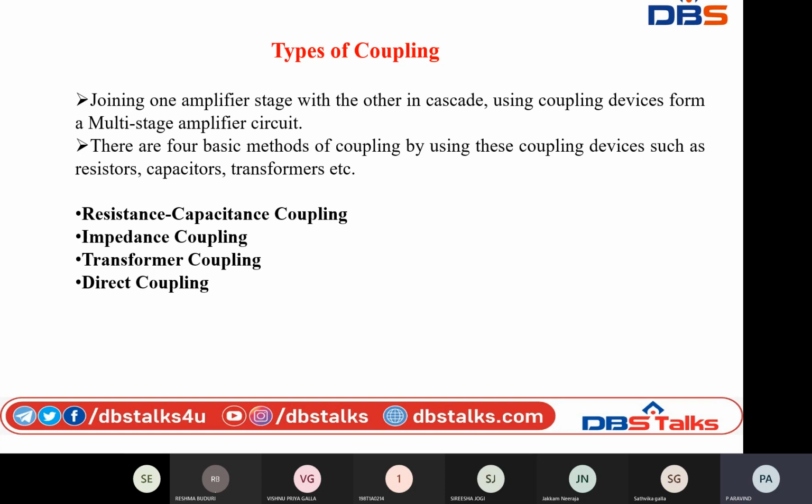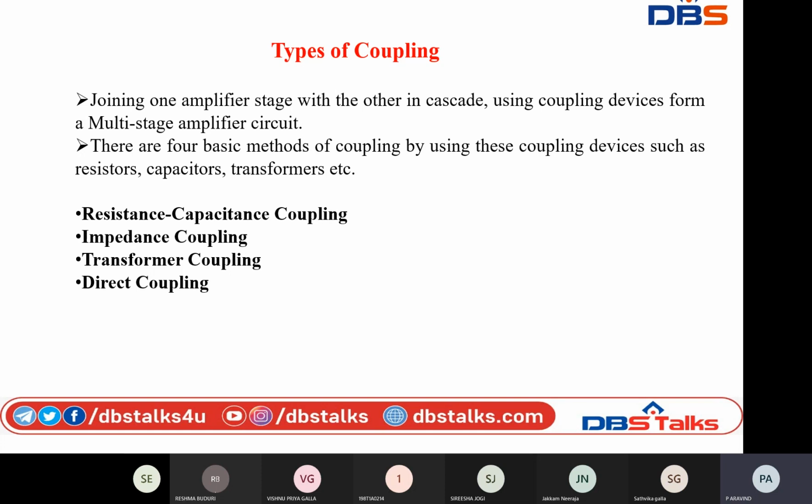In this impedance coupling method, the impedance of the coupling coil depends on its inductance and signal frequency. But this method is not so popular and is seldom employed. So mostly resistance and capacitance coupling is used.